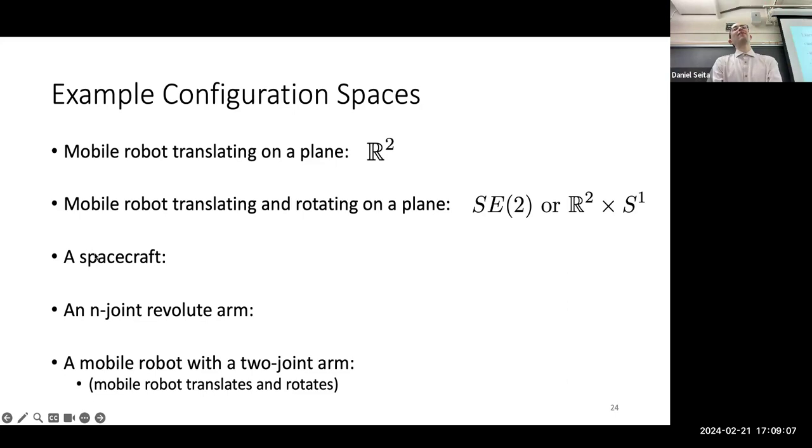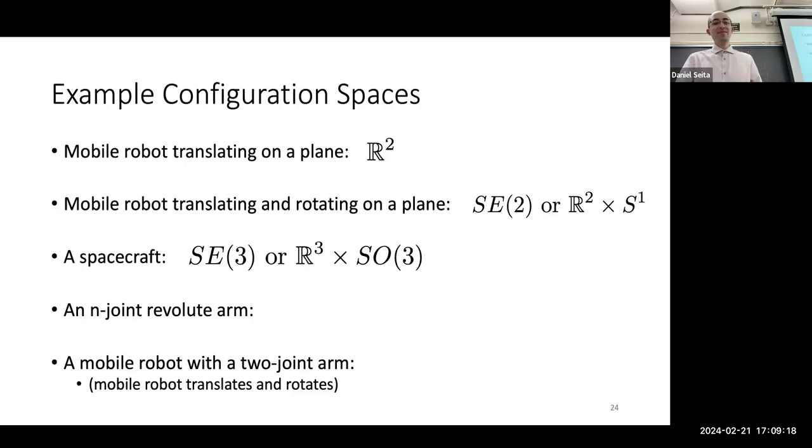What about spacecraft? Assume that it's rigid, because if it had a bunch of deformable parts, then forget about it. So we would write it as the special Euclidean group SE3, because it's the Cartesian product of 3 numbers for the position component, and then the set of all possible rotations.